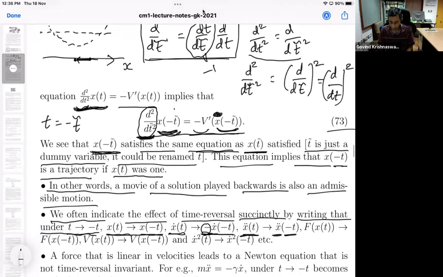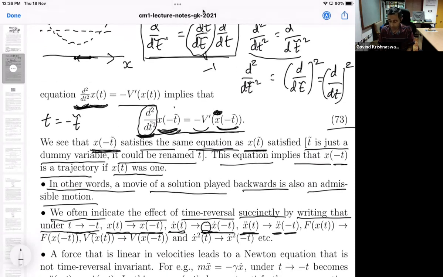If the force is a function of location, then it gets evaluated at the location at the opposite time minus t, and so also the potential. The square of velocity is unchanged in sign. Of course, it's again evaluated at minus t. So this is a simple way of summarizing what happens under t goes to minus t.